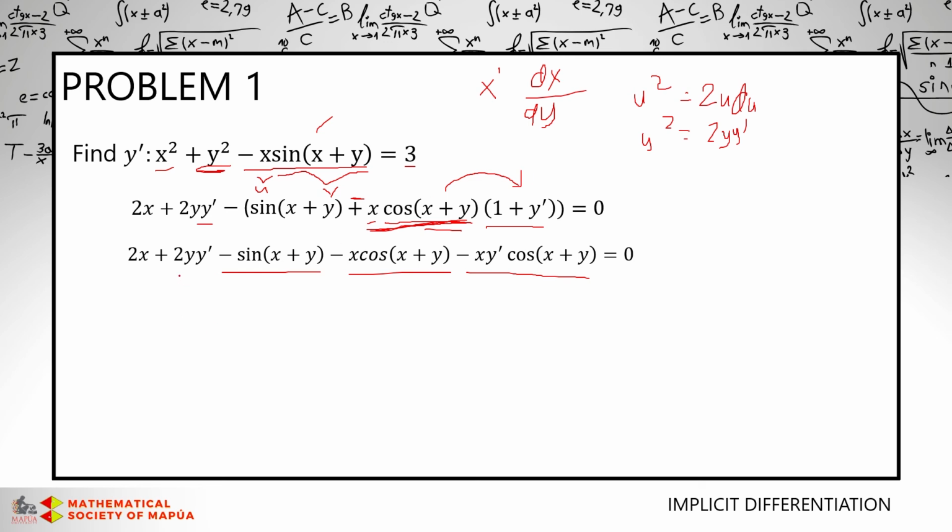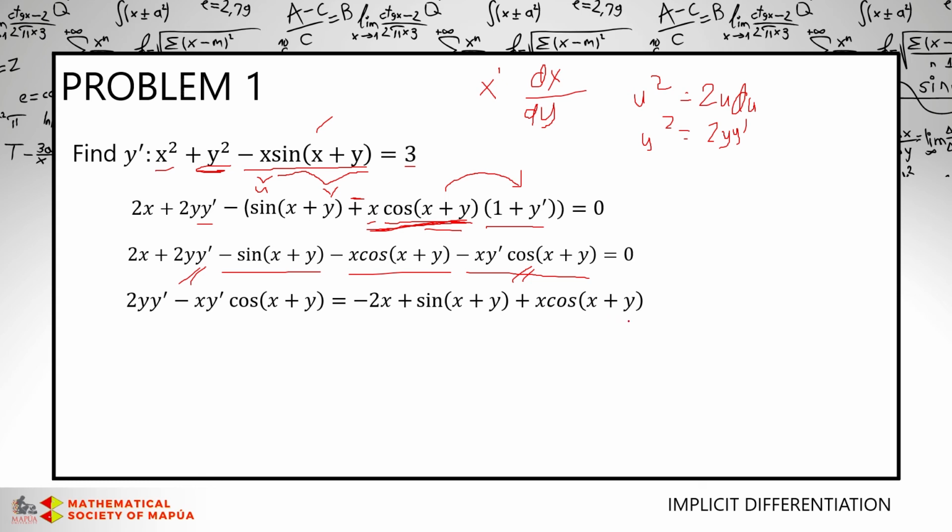So, for this case, ito may y prime, right? And ito rin may y prime. So, we put it on the left side. In this case, ayan, 2y prime minus xy prime cosine of x plus y is equal to, lipat natin lahat ng walang y prime. So, it becomes negative 2x plus sine x plus y plus x cosine of x plus y.